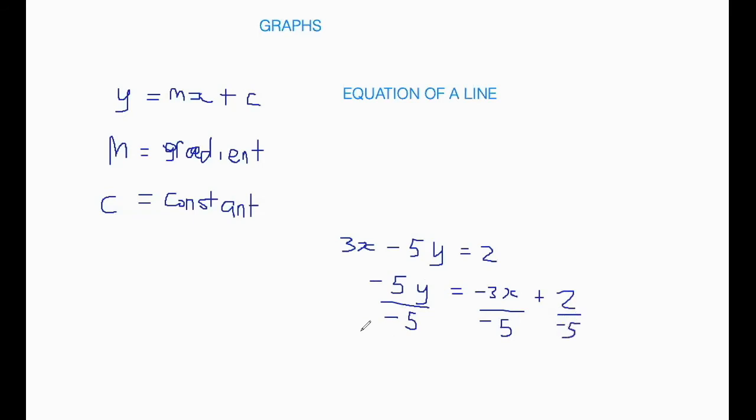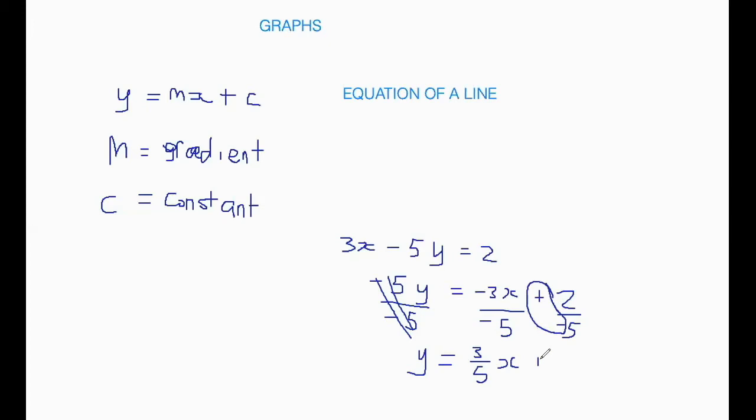Now the -5 cancels, so we're left with y equal, now negative and negative is positive, so it's 3 over 5 x, and then here we have positive times negative, so it will change the sign.